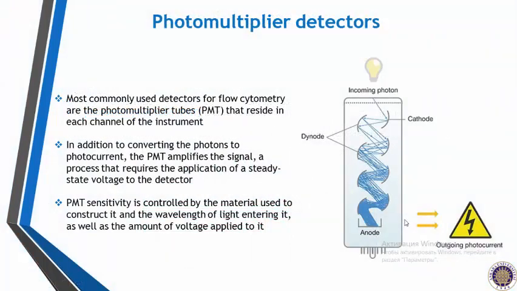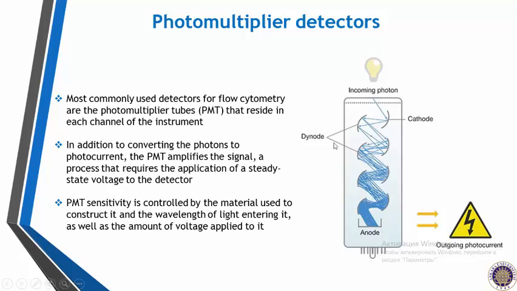Now I will talk to you a bit about the photomultiplier detectors, which are the most commonly used detectors in flow cytometry. In addition to converting the photons to photocurrent, the photomultiplier tube amplifies the signal, and this process usually requires the application of a steady-state voltage to the detector. By application of the voltage, we can adjust the gain produced by these photomultiplier detectors.